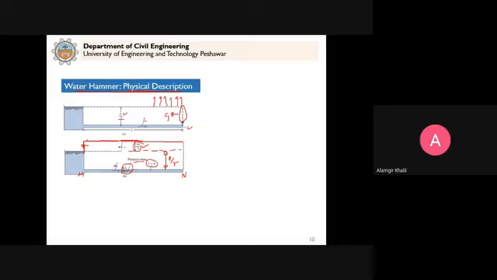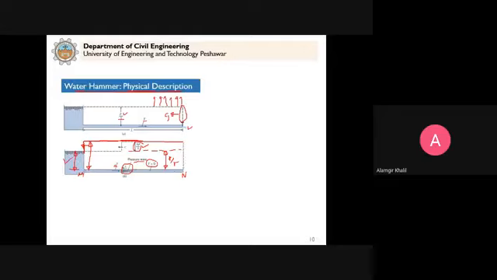Now when this pressure wave reaches here, you see the pressure in the whole of the pipe has increased. What is happening at the reservoir? Now at the reservoir, the pressure is this much. This is due to the pressure. Clear? But now the pressure shown here is this much. So the pressure at M cannot be this one, it is this one.